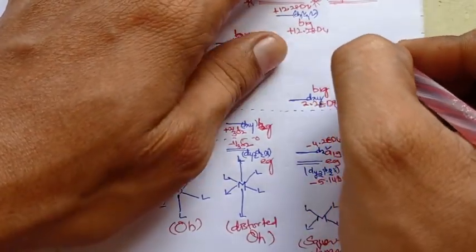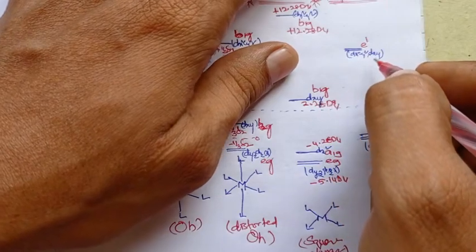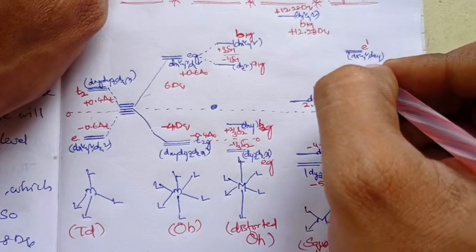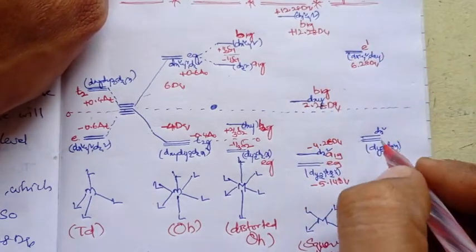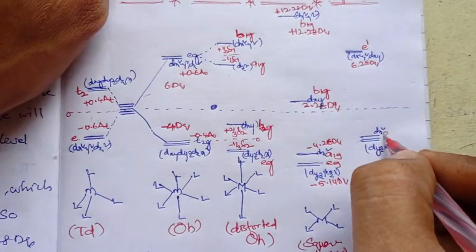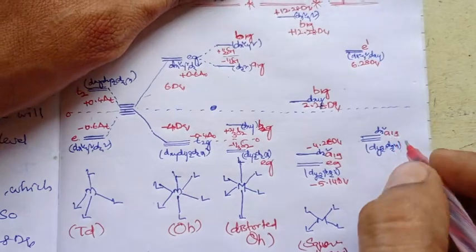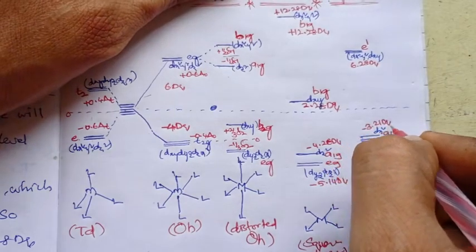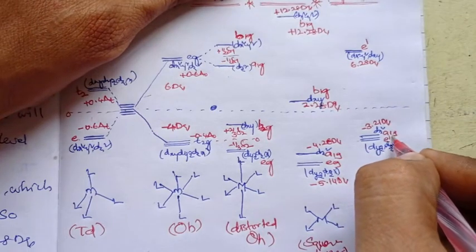The doubly degenerate state in the higher energy state will be represented with E bar, and it has the energy of 6.28 dq. The lower energy singly degenerate state, the dz square orbital, has minus 3.21 dq in energy, and the doubly degenerate state is represented with E double bar.